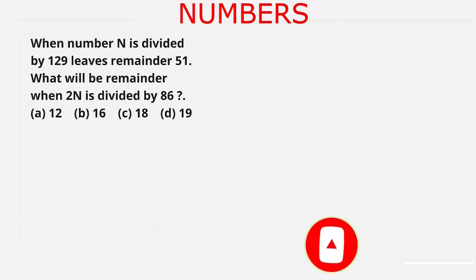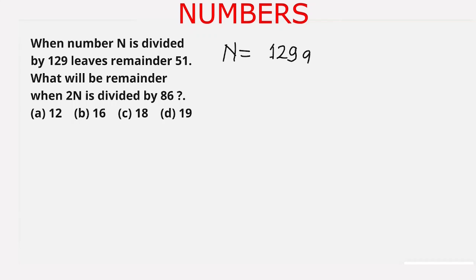As n is divided by 129 and leaves the remainder 51, therefore we can write n equal to 129q, where q is the quotient, plus remainder, which is 51. This is the value of n.